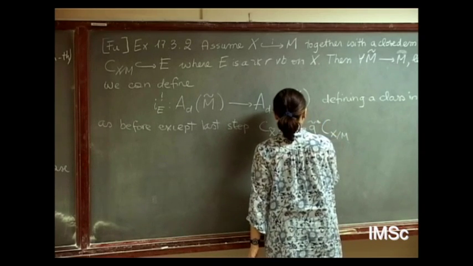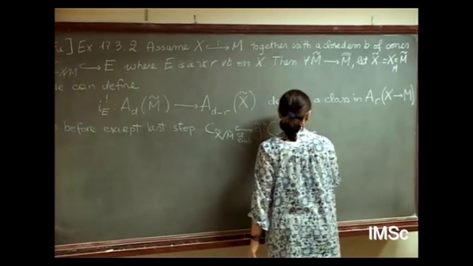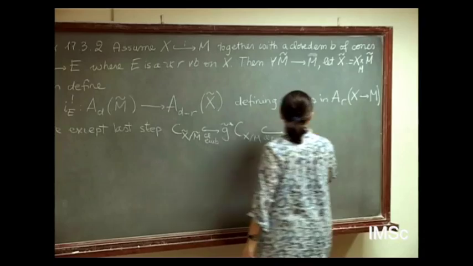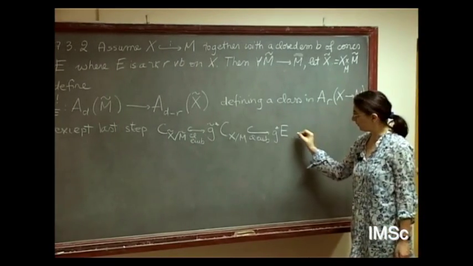This is a closed embedding, and in turn this has a closed embedding into G, the pullback of E. And then we intersect with a zero section of E.